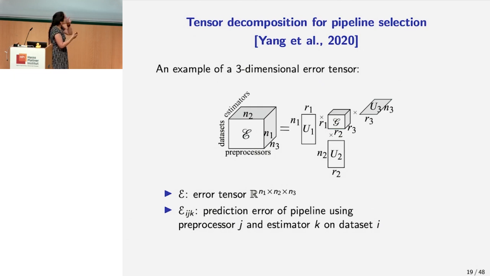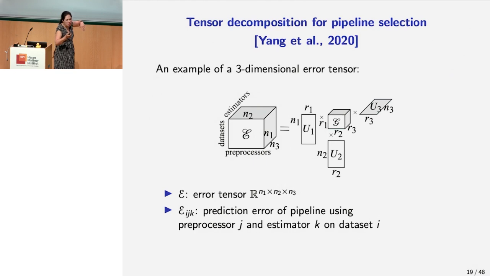In particular, let's look at the structure for what we're interested in: what's going to happen when a new data set comes in. You think of that as a new slice of this tensor. To estimate a new slice of this tensor from this model, all you need to do is estimate a new row for this U1 matrix. That's what corresponds to a new data set. So again, I only need to estimate R1 numbers.